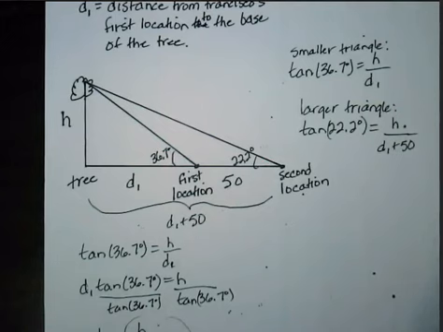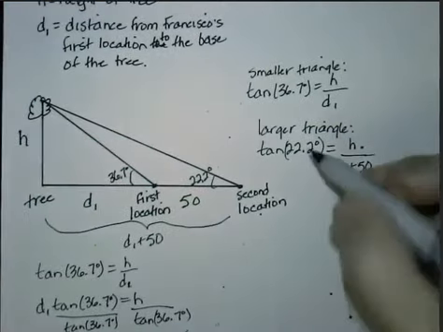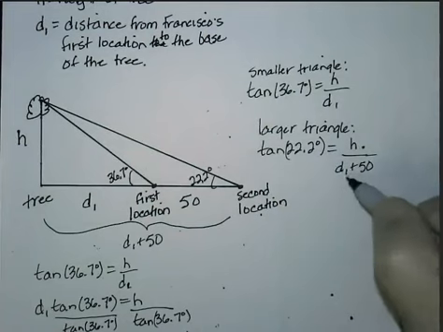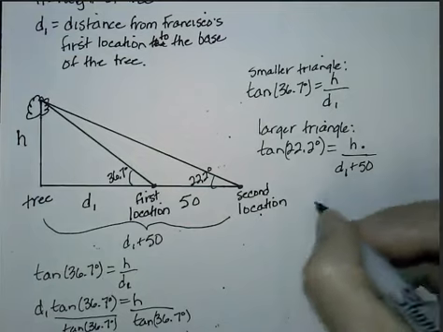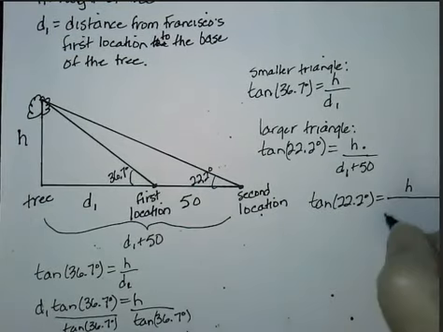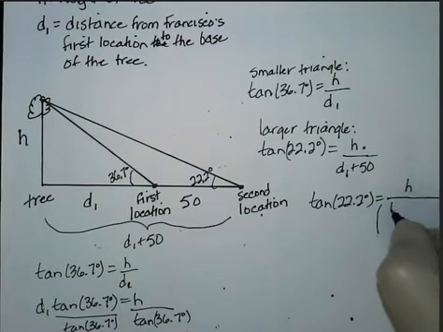That will give us an equation that only has h in it, and then we'll be able to solve that for h. So now we're going to take this equation where we have the d1, we're going to substitute in this expression. And I want to be really careful in doing this substitution, so I'm going to put that expression in parentheses.